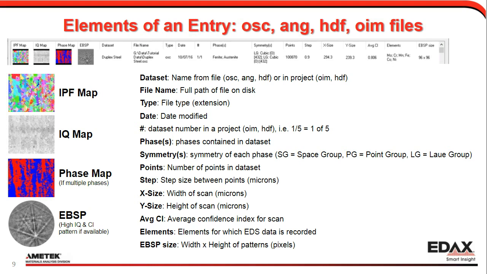That's the names used, the symmetries for each one, and it will actually give you quite a bit of information on the phases in terms of the space group, the point group, the Laue group, depending on what was recorded. We'll show the number of points in the data set, step size, the dimensions, average confidence index. If there's EDS data, it will show which elements were recorded, the counts, the ROIs for each element that was recorded. And it will give the size of the patterns.